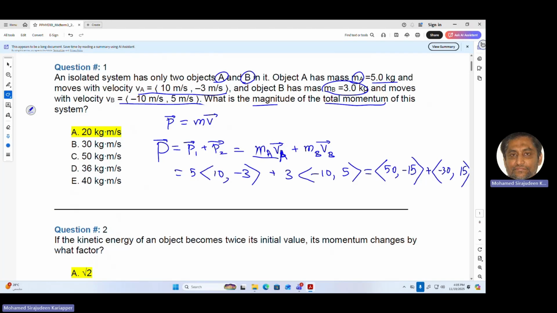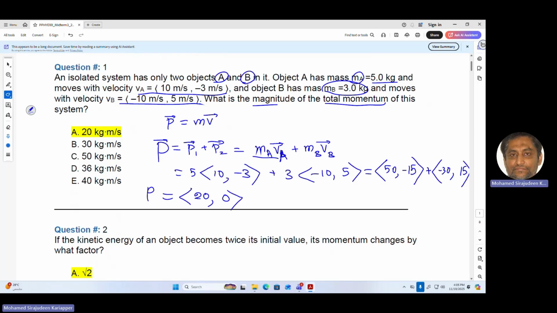So now you have only the vector addition. You know how to do vector addition. Get the x components and add them. 50 plus negative 30 will be how much? Plus 20. And minus 15 plus 15 is 0.